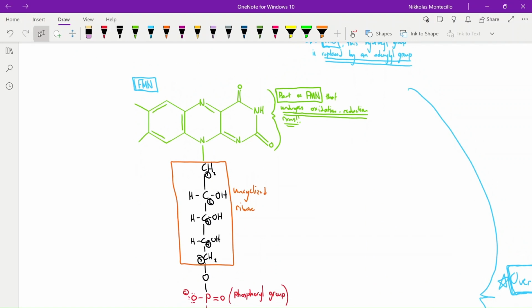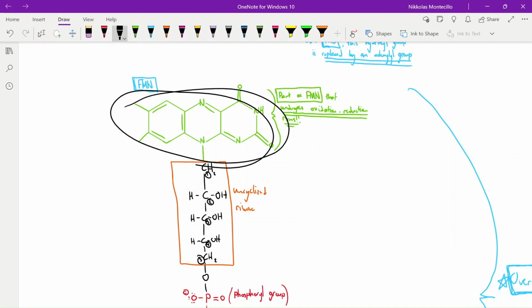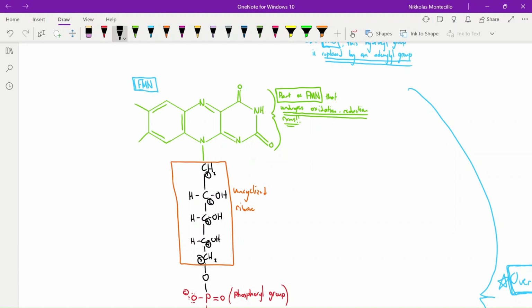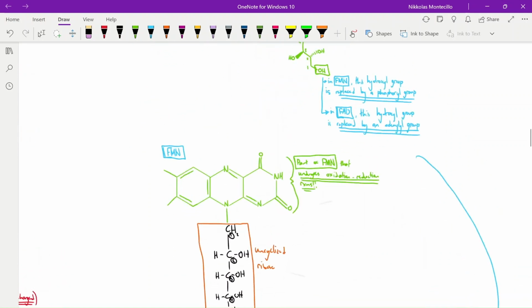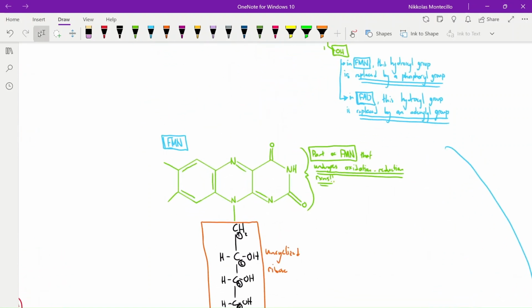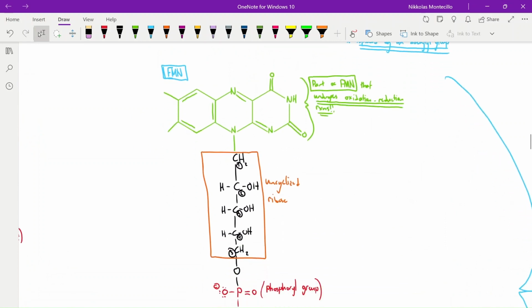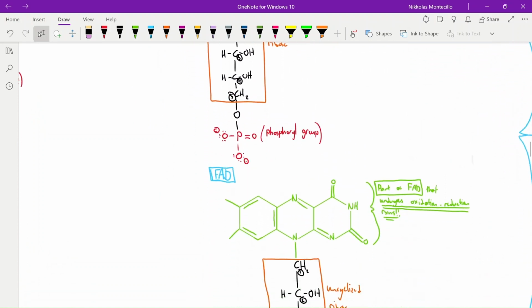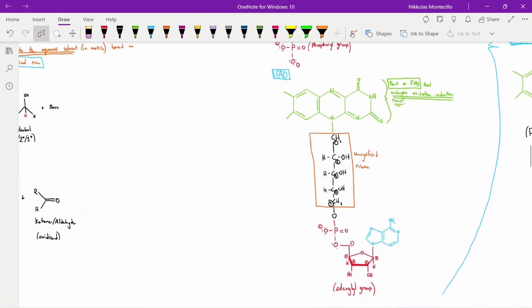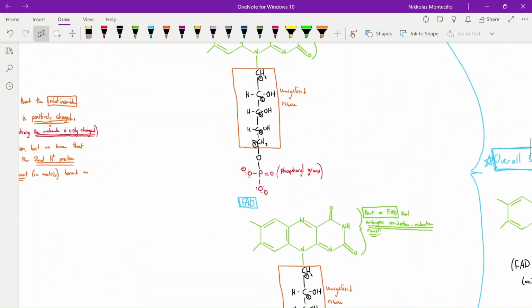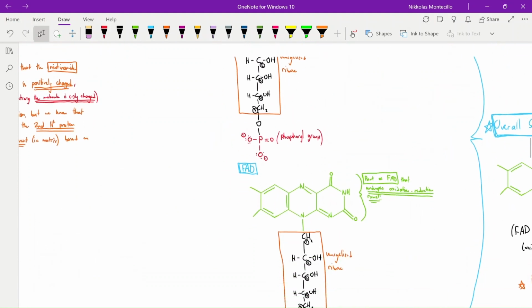In flavin mononucleotide, we can see that this big portion here, the isoalloxazine ring, is the one that undergoes redox reactions. Everything here isn't necessary for the redox reactions.